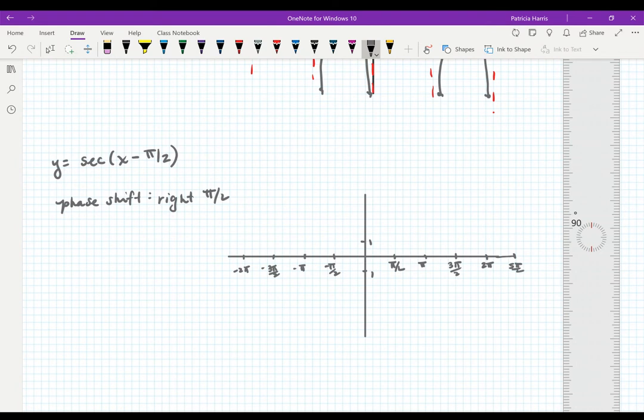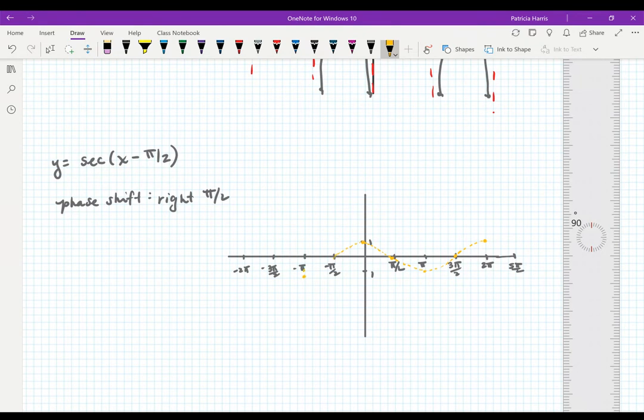Okay, but I'm going to go ahead and graph the original, and then I'm going to phase shift it. So secant, secant is cosine. It's very easy to get the two confused. Now I could just continue on, but I'll just stop.